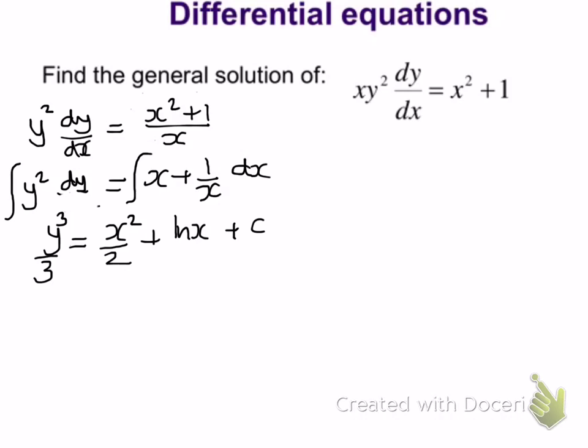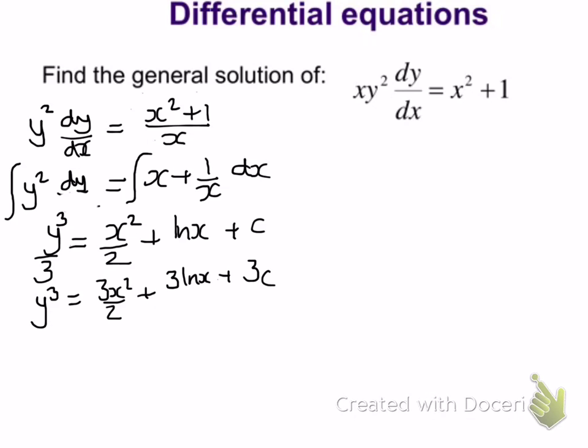Right, so I'm now going to multiply through by 3 to give us y cubed equal to 3x squared over 2 plus 3 ln x plus 3 times our constant c.